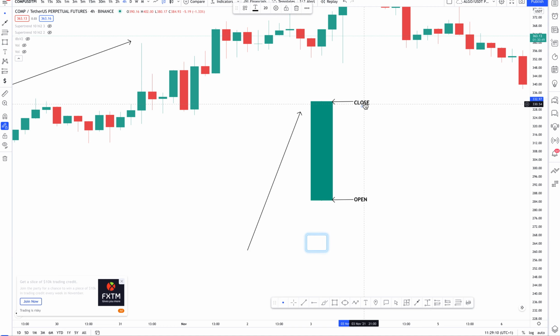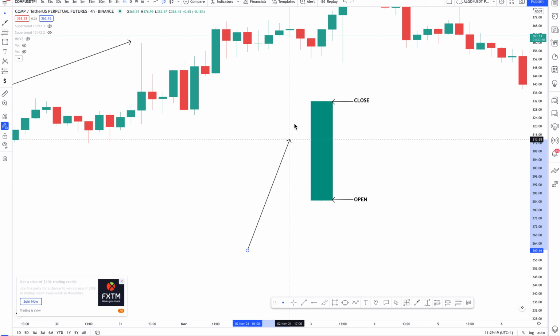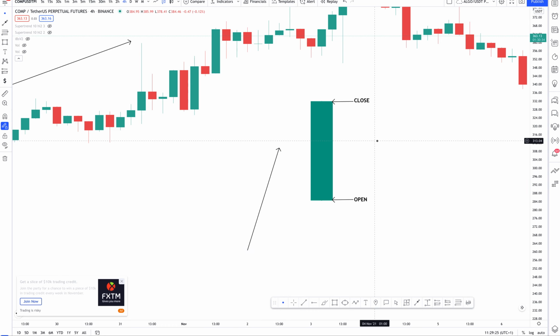So a bullish candle will open here and close here, which means it opens from below and closes above. That's what a bullish candle is, irrespective of the color, whether it's in color or no colors at all. That being said, let's hide this, guys.